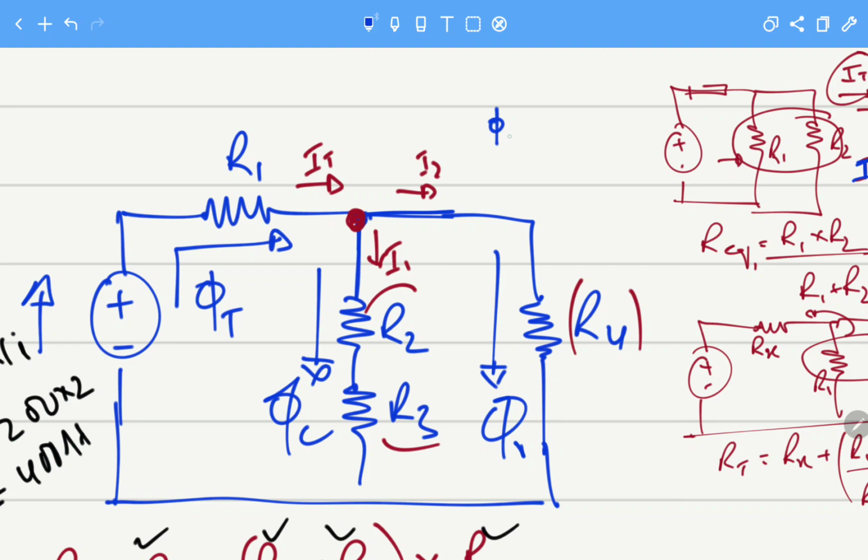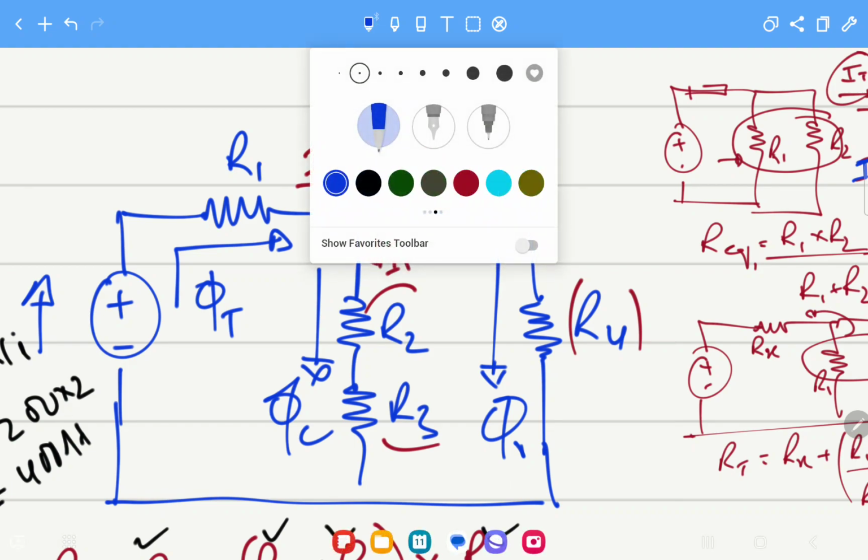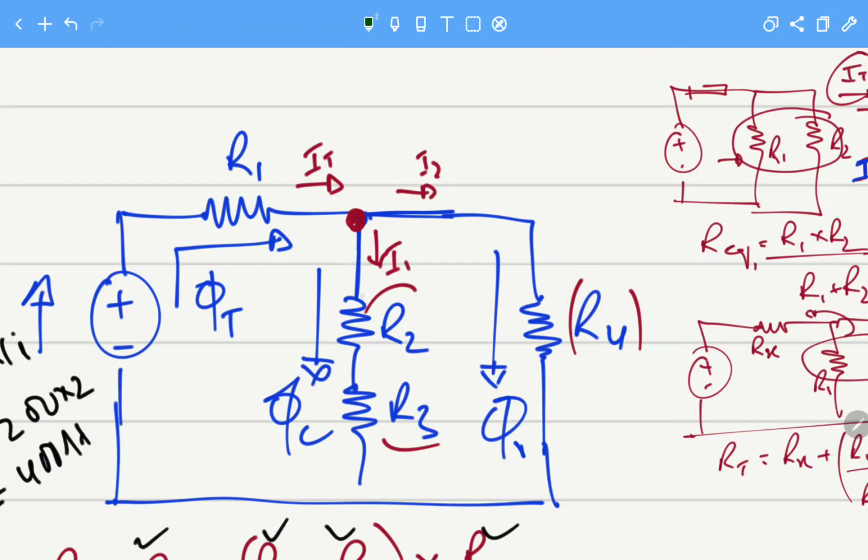So flux in the center should be equal to the impedance of the parallel branch, that is R4, into total flux, that is coming here, divided by the total, R2 plus R3 plus R4. This will give us the flux in the center branch, this equation.